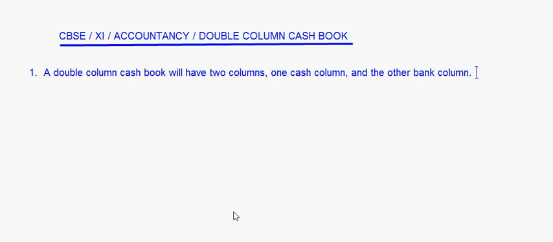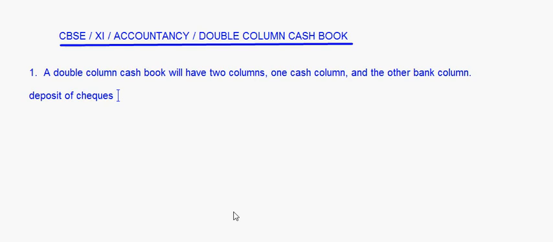So now all the transactions pertaining to cash or bank will be entered in this double column cash book. Whatever transactions are pertaining to cash will be written on the cash column, and whatever transactions are pertaining to the bank will come in the bank column. Fine. So supposing you have transactions like this: deposit of checks, right?